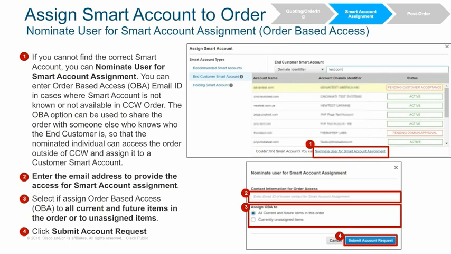Select Assign Order-Based Access to all current and future items in the order or for currently unassigned items. Finally, click Submit Account Request. The nominated individual will then receive an email with a link to act on the order and can assign it to a customer Smart Account.